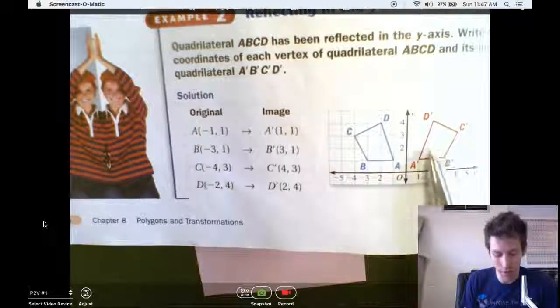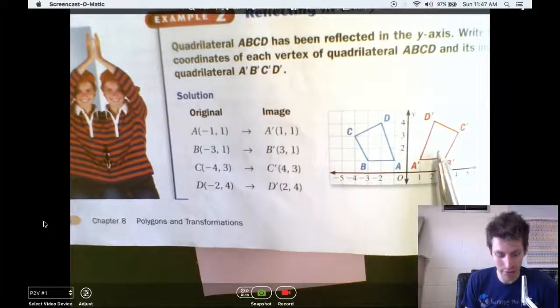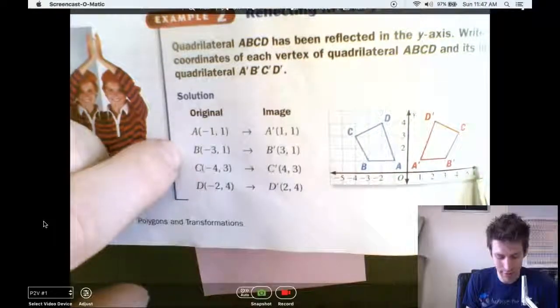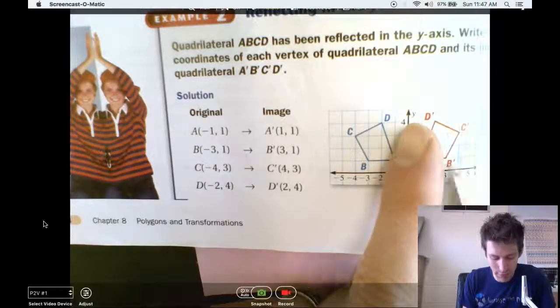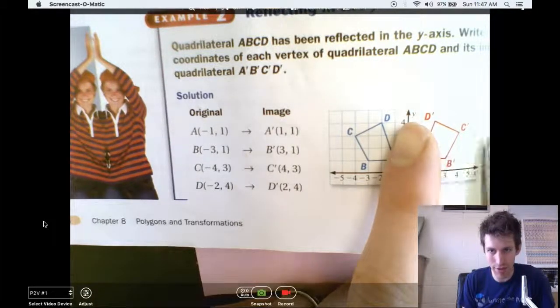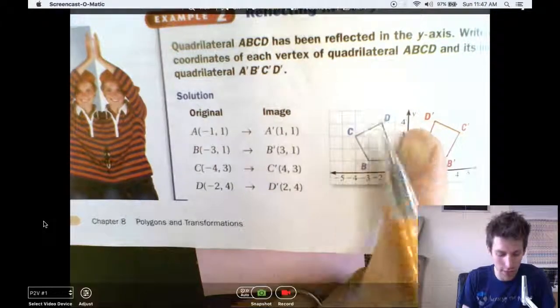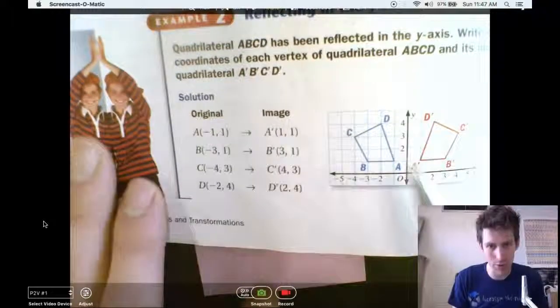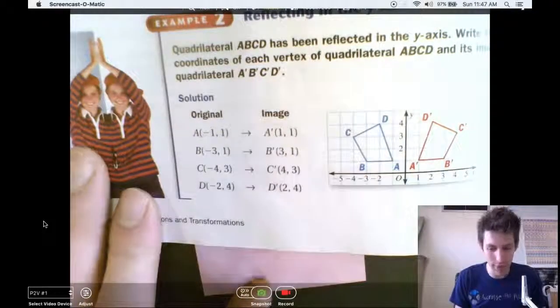You would start with positive, and the opposite, you'd now end up with negative x coordinates, right? Because here's the x-axis, and this is the positive side of the x-axis over here. And if you flip it over to the negative side of the x-axis, then they all become negative. But that's not what we're doing here. We went from negatives to positive.